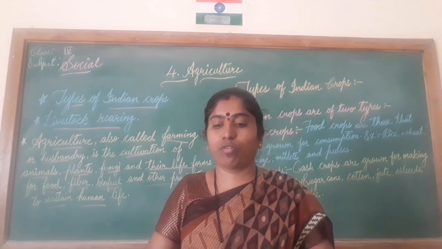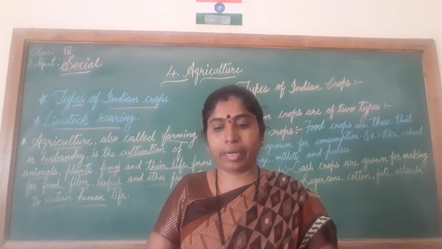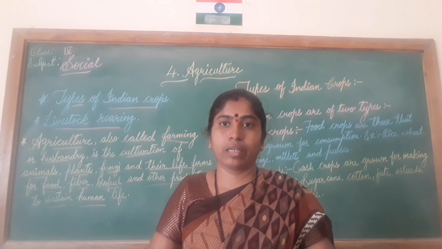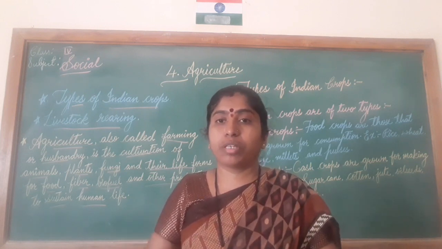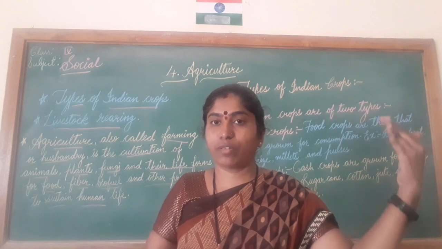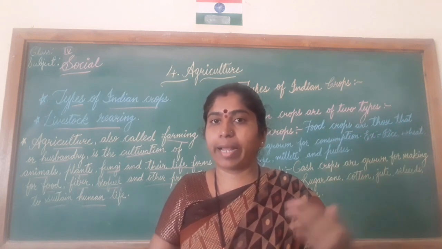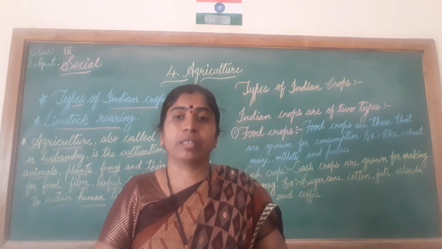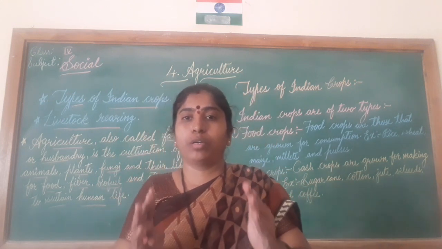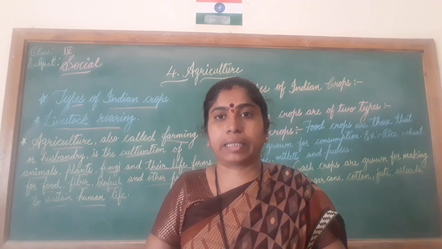Agriculture provides food for our people and raw materials for industries. And it dates back 10,000 years, meaning for so many years our ancestors have followed this agriculture method, and it helped people to stay at one place.